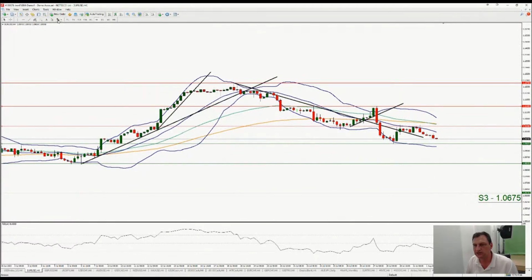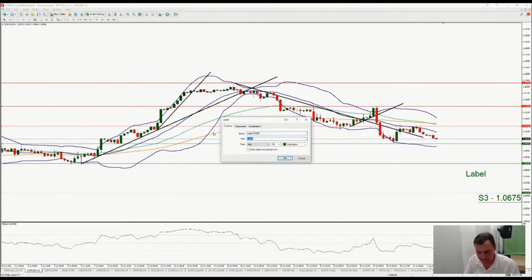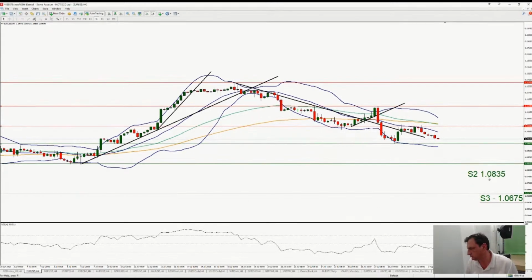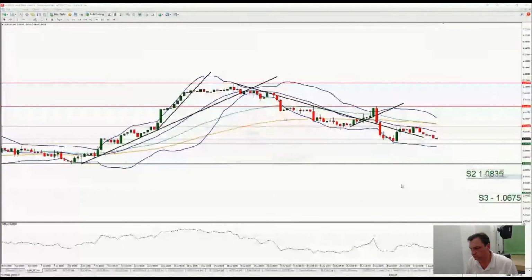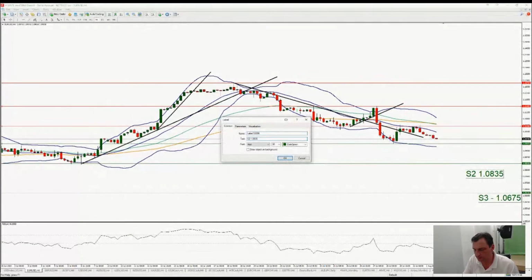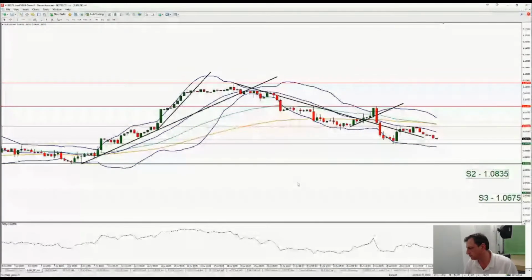Let's have a look at the second support line, which is to be placed at 1.0835. Give me a sec. The first support line is to be set at 1.0945.